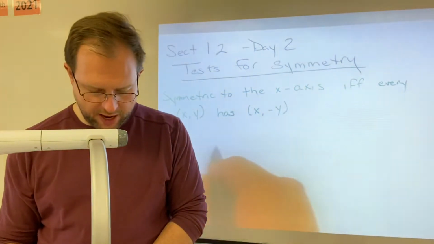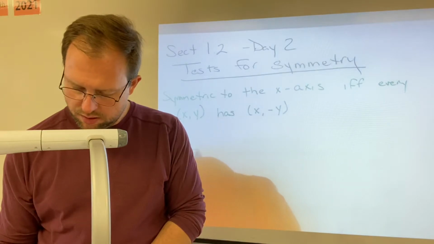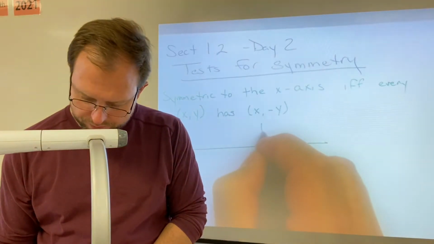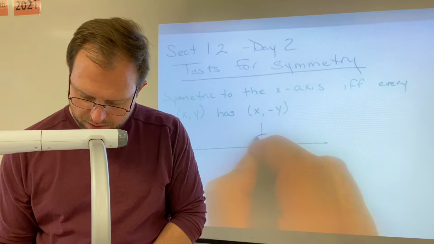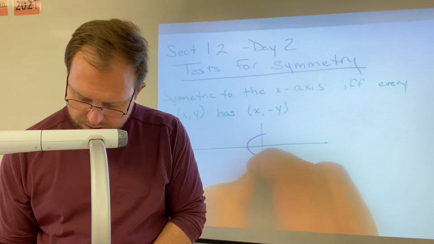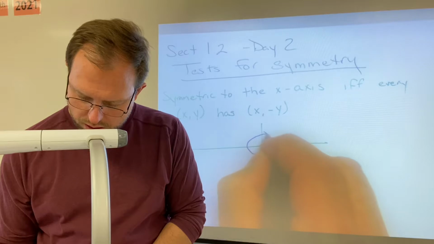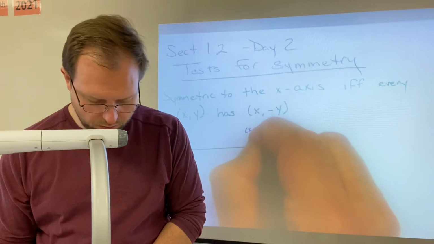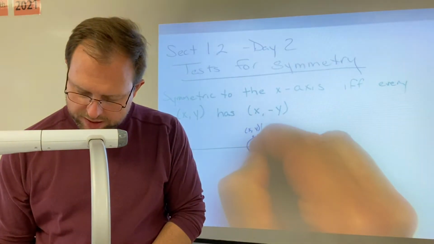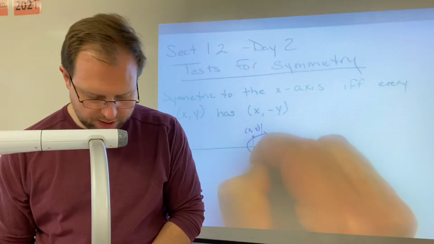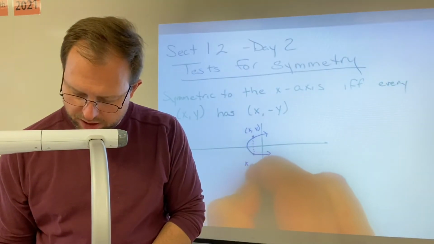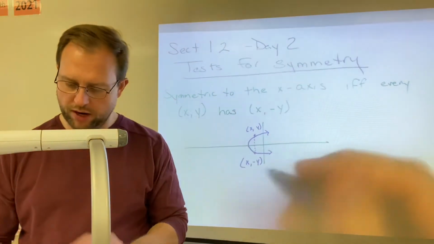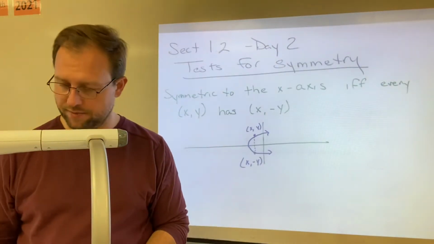So if we're looking at our x-axis, that means we have a graph that looks the same above the axis as it does below, and we have a point at x comma y that corresponds to a point at x comma negative y. Okay, or basically you can flip it over the x-axis.